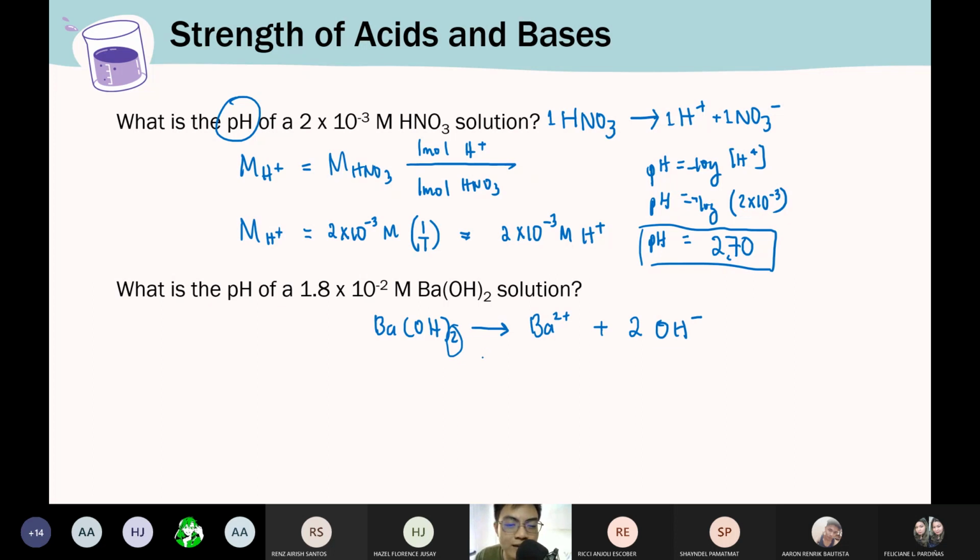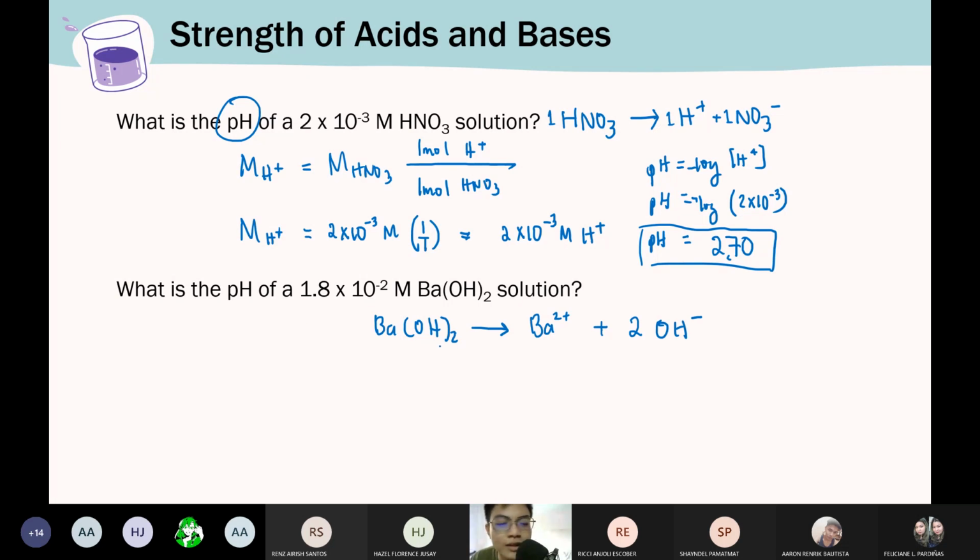You have to balance the atoms. So you only have 1 barium atom, and then you have 2 OH. So that's why you have to write the coefficient 2. And then yung ions, they came from the reverse crisscross. So itong 2 galing dyan, so it's 2 plus. Itong 1 na to galing dito kay OH, so it's negative 1. Okay?